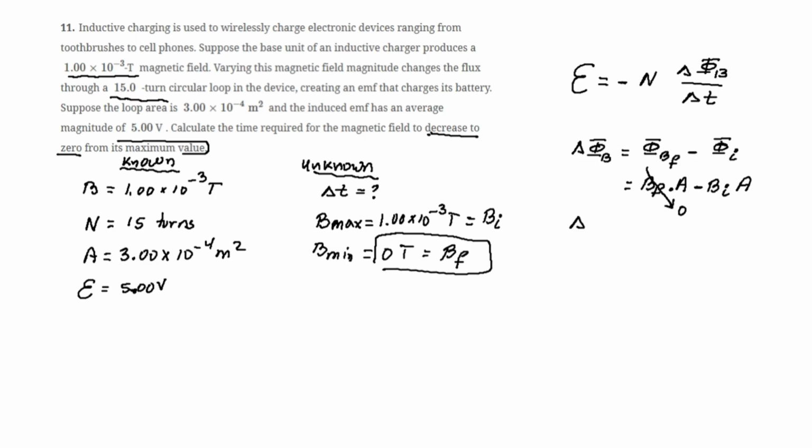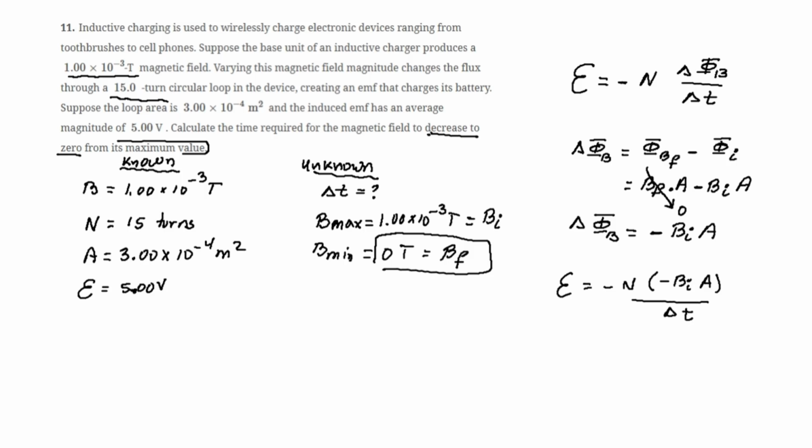So the variation of magnetic flux will be minus B initial times the area. I can substitute this for delta phi B, so the induced electromotive force is minus N times minus B initial times the area divided by delta t.